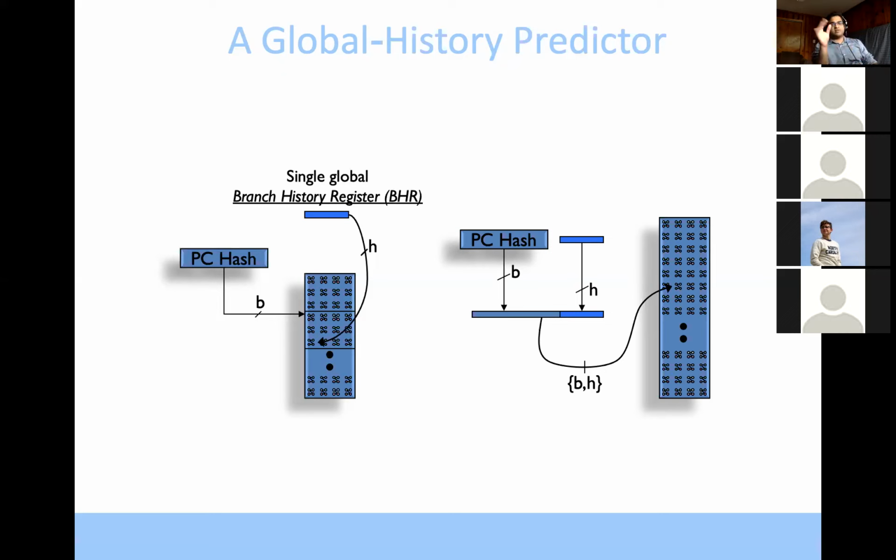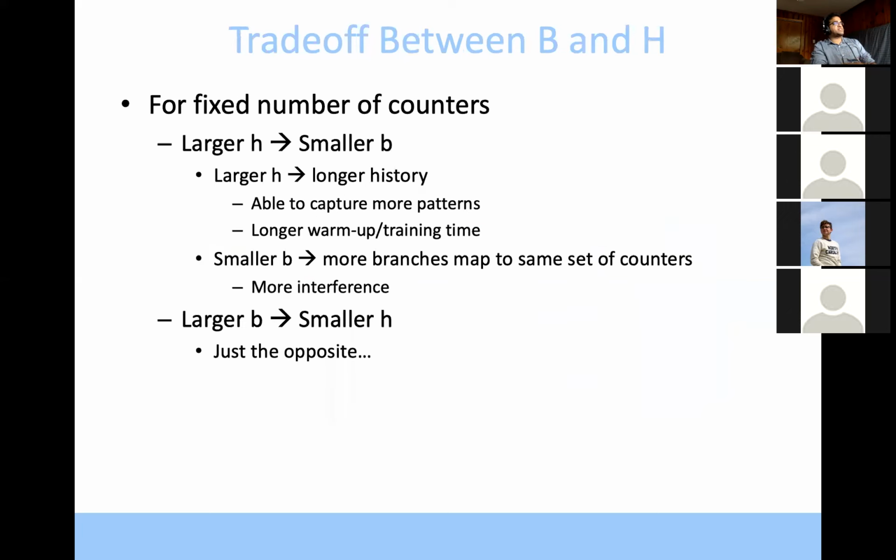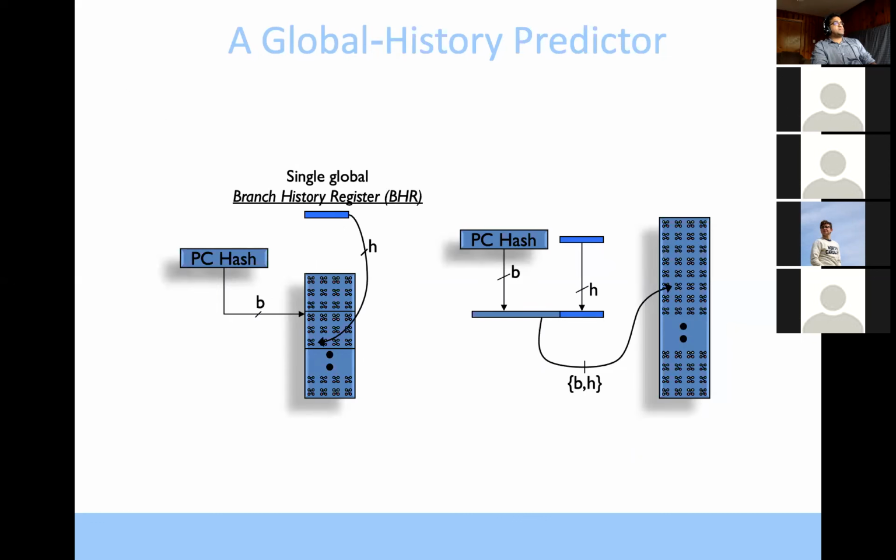This is global history. And then you can use the B portion of the PC hash, put that together with the branch history, that gives you an offset into the pattern table, and then you can go check that counter, and that will tell you what should happen next.